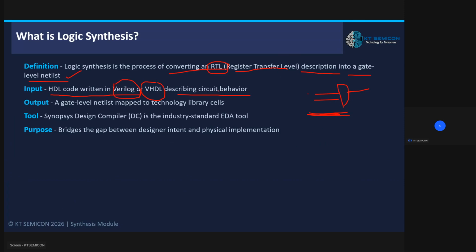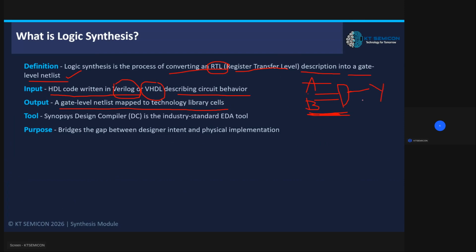So after synthesis, we translate this RTL code into a gate level netlist. Then what is the output of synthesis? A gate level netlist mapped to technology library cells. For this particular gate, the AND gate has A and B inputs and Y is the output.